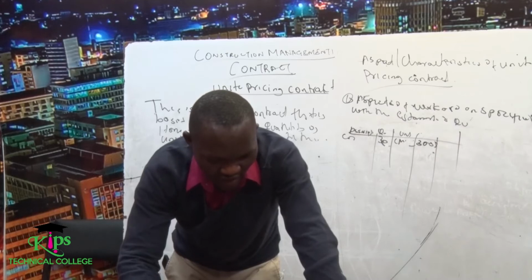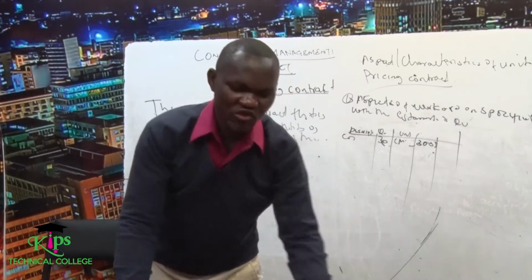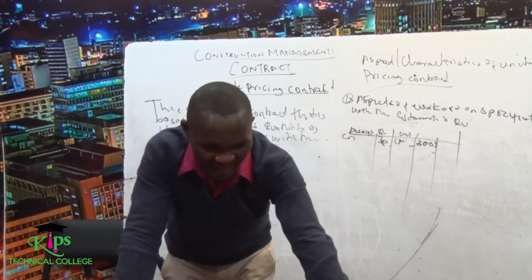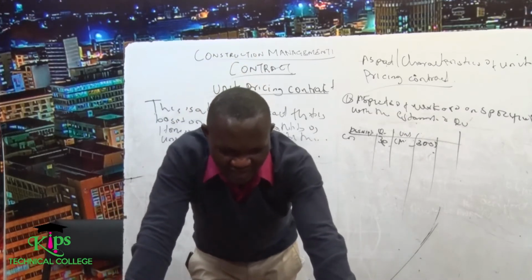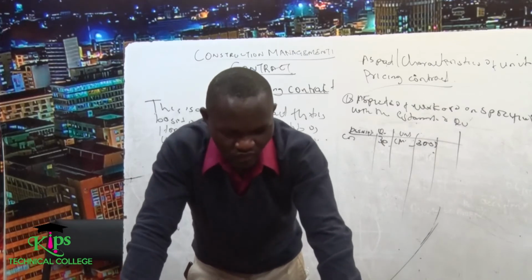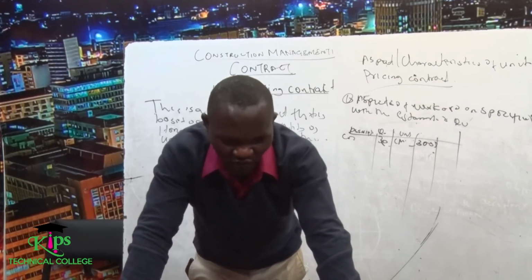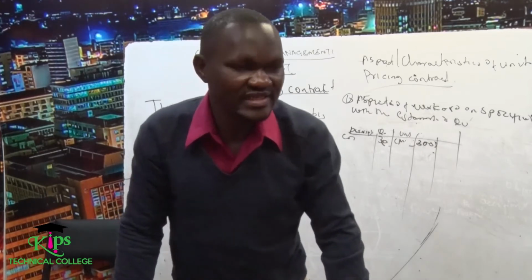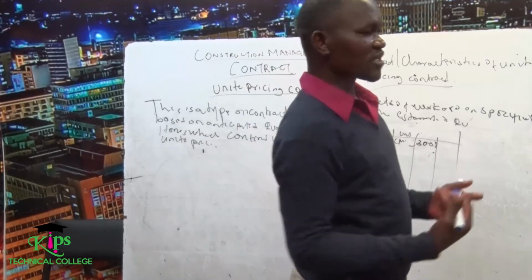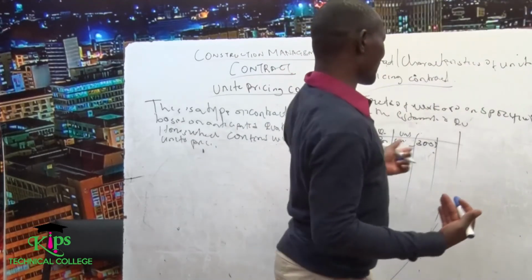Then we talk about the advantages of a unit pricing contract, and the following are the advantages. First, saving the heavy cost of preparing many bills of quantities by the contractors. Then there is a fair basis for competition, since every contractor gives in his own unit pricing, since the prices may differ.